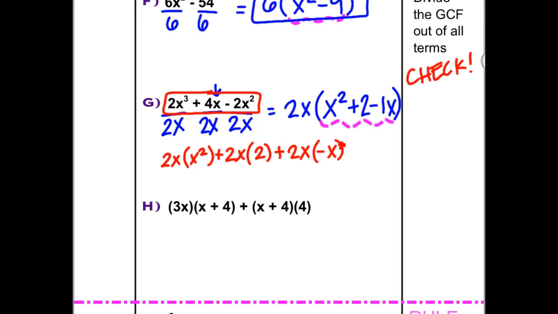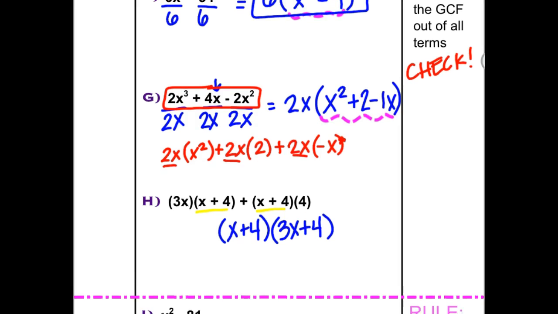I could write it as that and see that all of them have the 2x in common, but I didn't have to. Here, I look and I see both of these have an x plus 4 in common. So what I do is I pull out that x plus 4, and what's left is 3x plus 4. However, we need to throw that into parentheses just to separate it out.